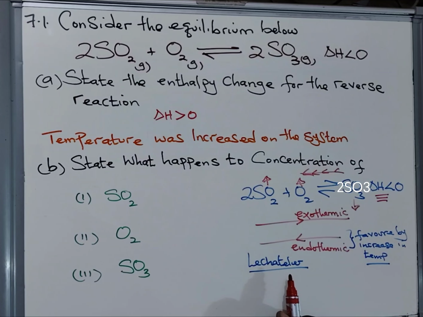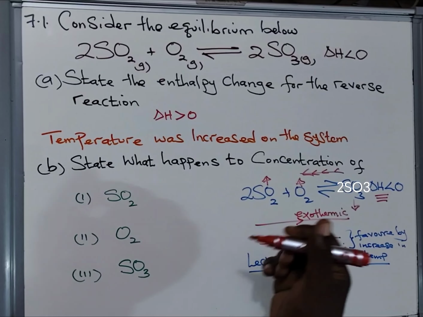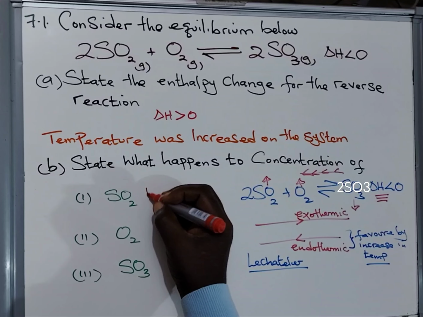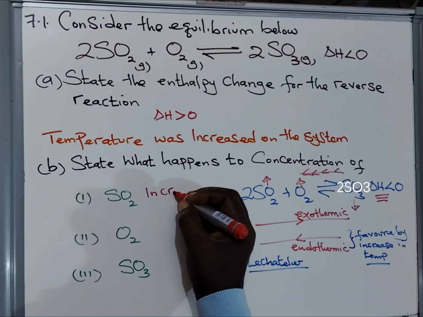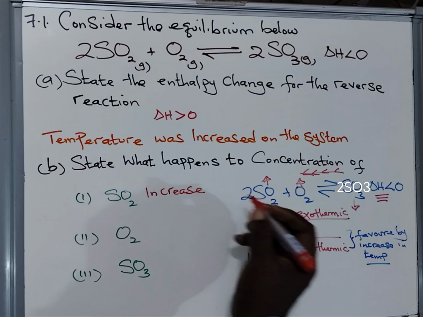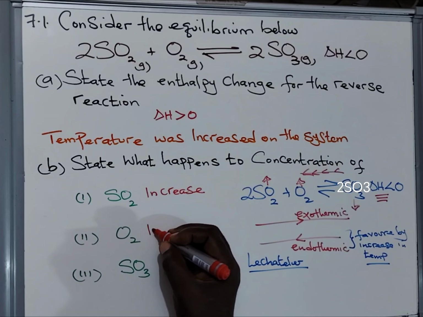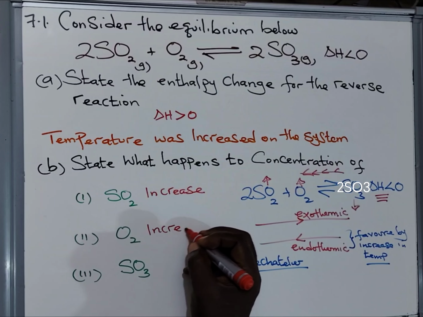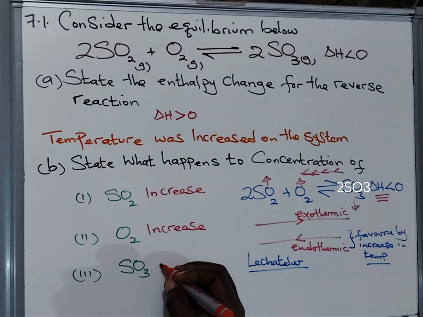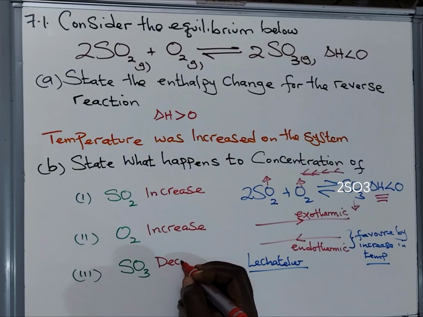And these are the answers. So let's come to answering. Sulfur dioxide, the answer is increase. Oxygen, what is it? Increase. Sulfur trioxide, what is it? Decrease.